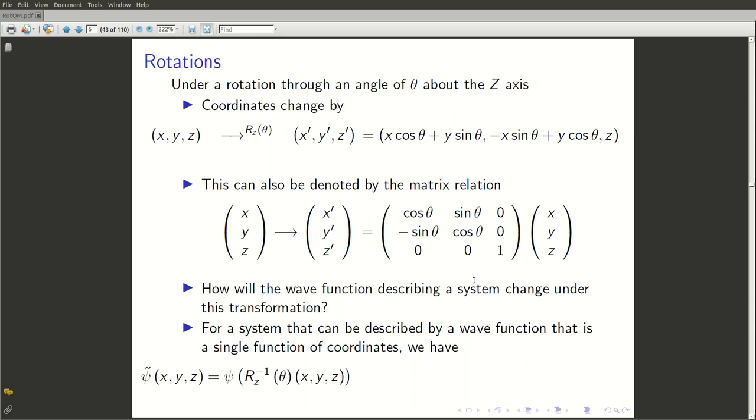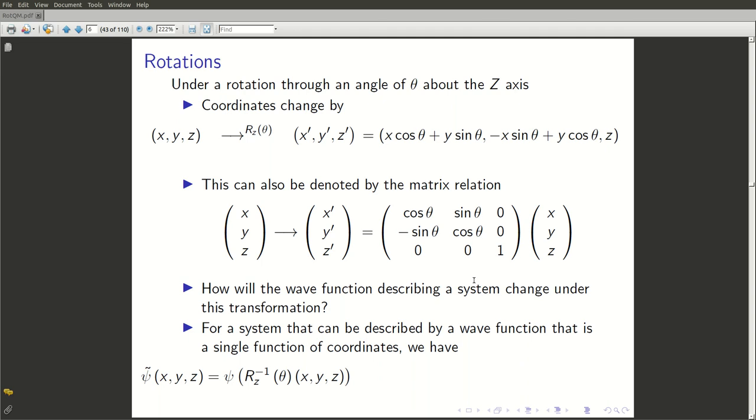So psi tilde, the new wave function for these rotated coordinates at the point x, y, z, is the original wave function psi acting upon the old set of coordinates, the coordinates from which you got x, y, z after applying R_z of theta. So the coordinates themselves are R_z inverse of theta applied to x, y, z.